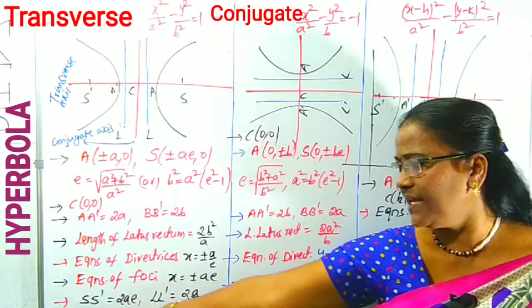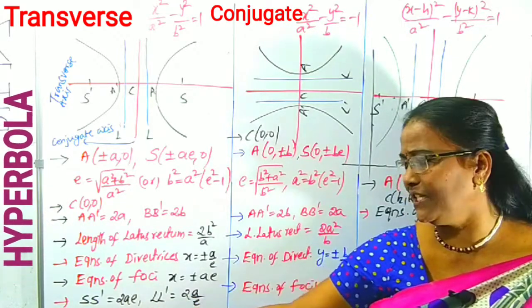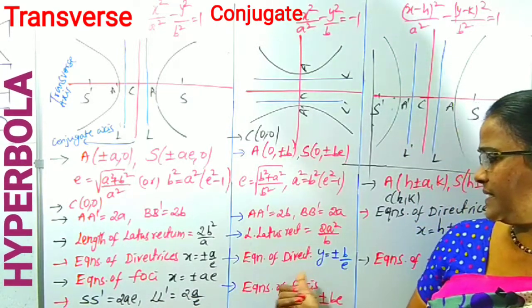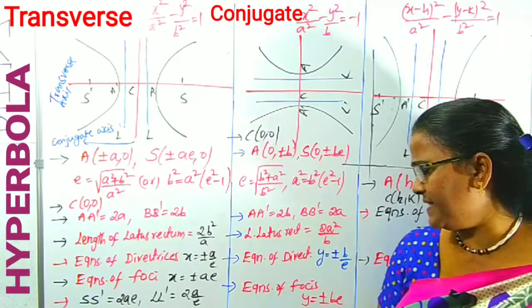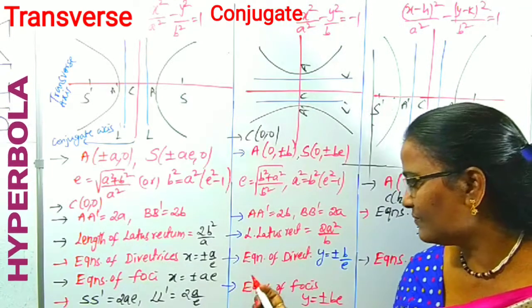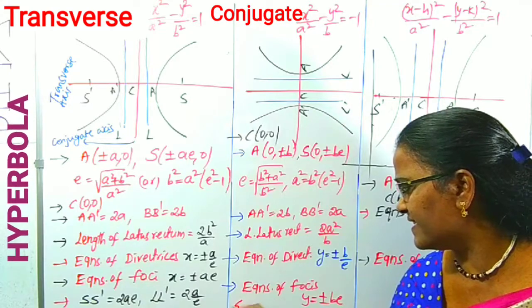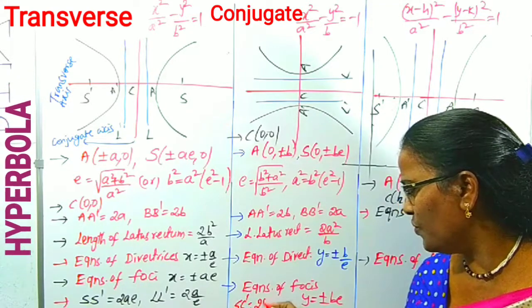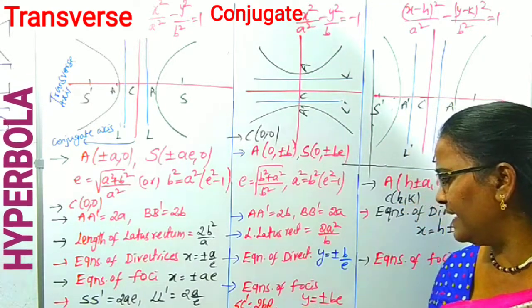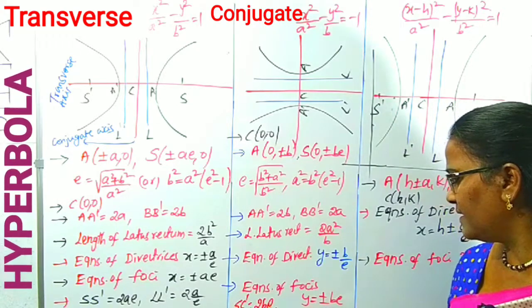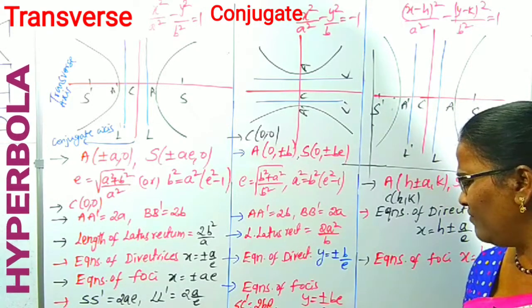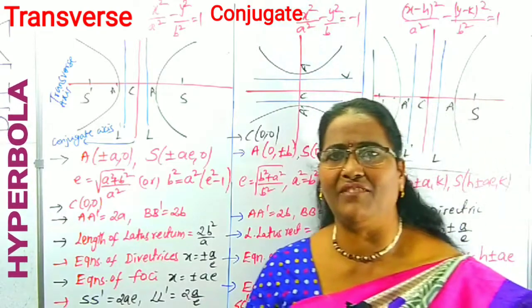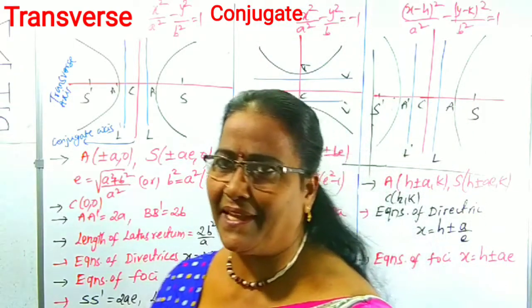As well as SS dash, the distance between the foci, you can take 2be here. SS dash is 2be, and the LL dash distance is 2b by e. Simply, in place of a we can take b, and in place of b we can take a. That's it.